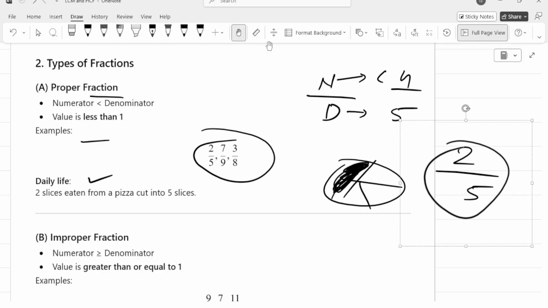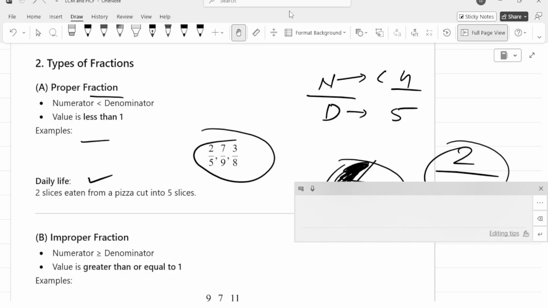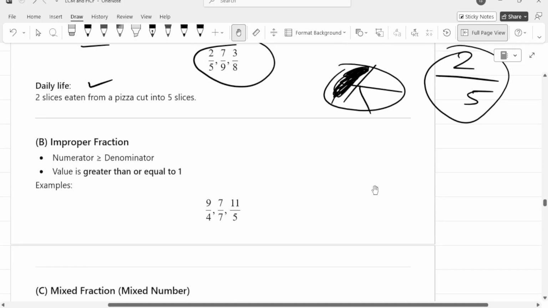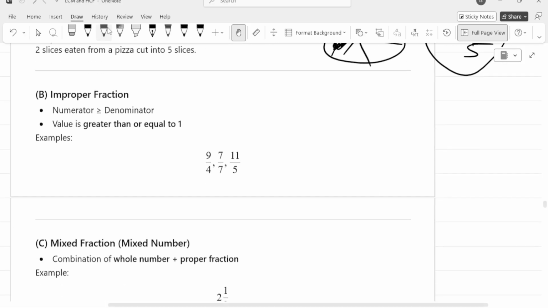Now improper fraction. What is an improper fraction? In an improper fraction, the value is 1 or the numerator and denominator are equal, or the numerator is greater than the denominator.